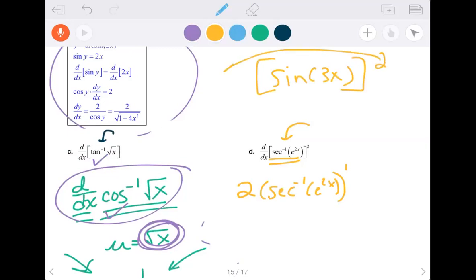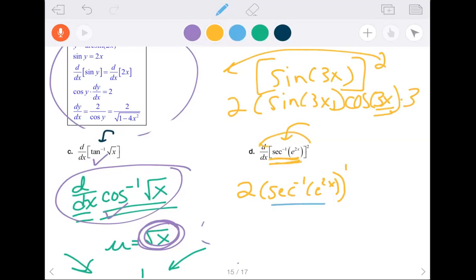You would say bring the 2 out front, don't touch the sine. The derivative of sine is cosine, don't touch the peanut. The derivative of 3x is 3. Same thing here, we just have a new function in play. It's inverse trig, but it doesn't matter, it's being squared. So I bring the 2 out front, I do not touch this, and I drop the exponent by 1.